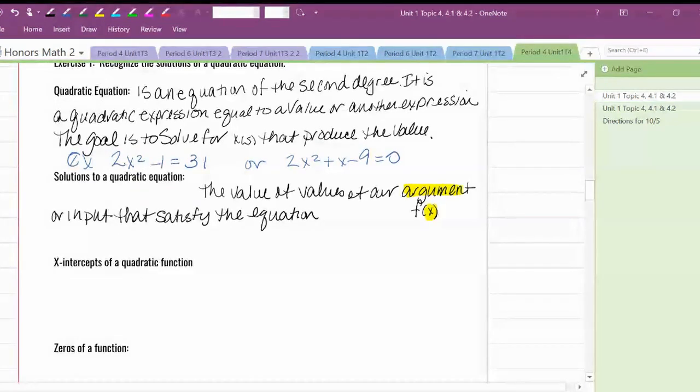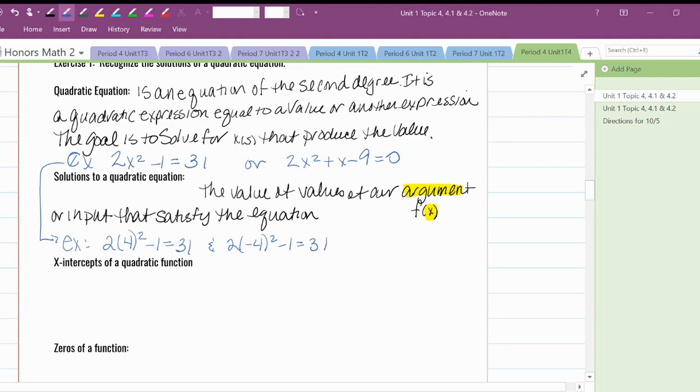So if we go back to this one up here, we can see that 2 times 4 squared minus 1 is 31, because I'd have 2 times 16 is 32, take away 1 would be 31, and 2 times a negative 4 squared minus 1 equals 31.